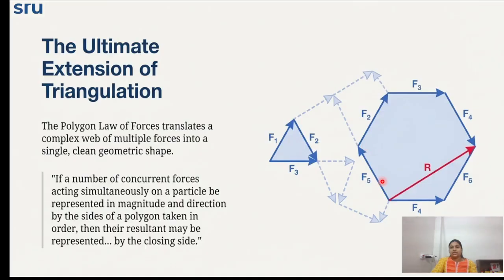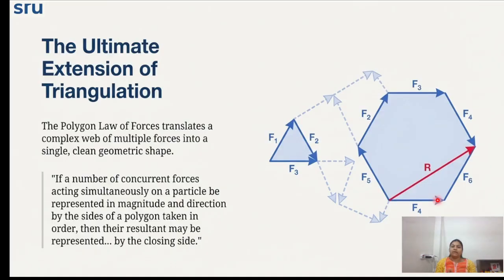So let's say these forces are acting, and this is the last one that we can define as the resultant of this system. Resultant force is nothing but the combined effect of multiple forces acting on a body.